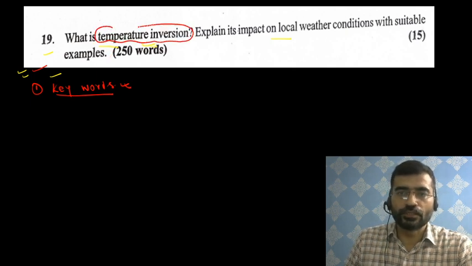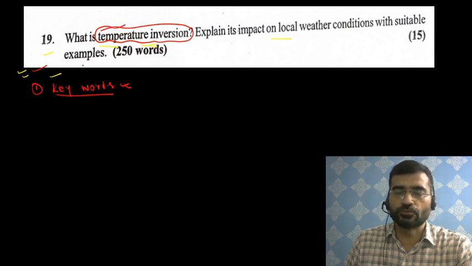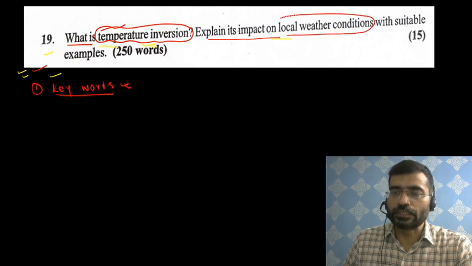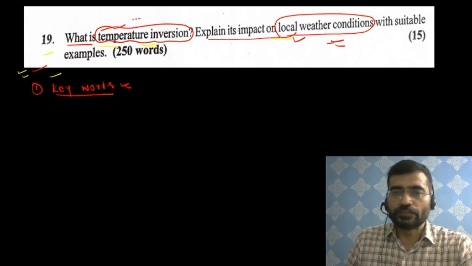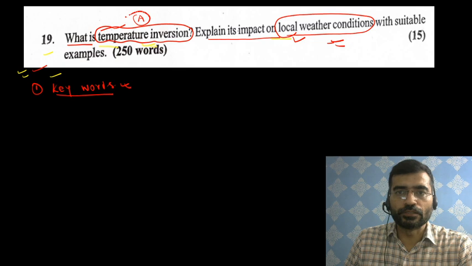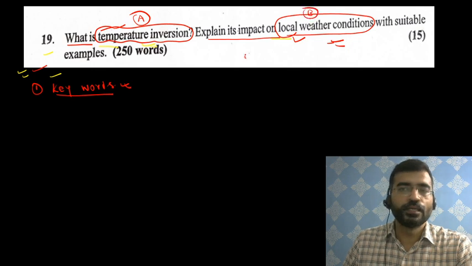Here the first part of the question is asking about the theoretical part of temperature inversion, while the second part is about the influence, the impact of temperature inversion on the affected area. So the question is divided clearly into two parts. The very first part is the theory of temperature inversion, and the second part is the application of temperature inversion.